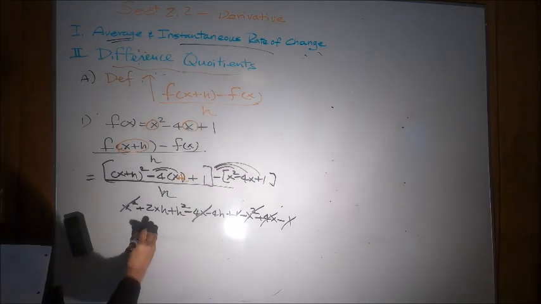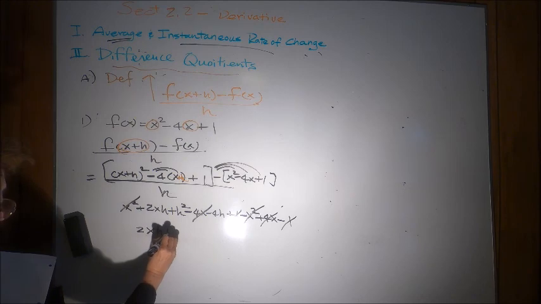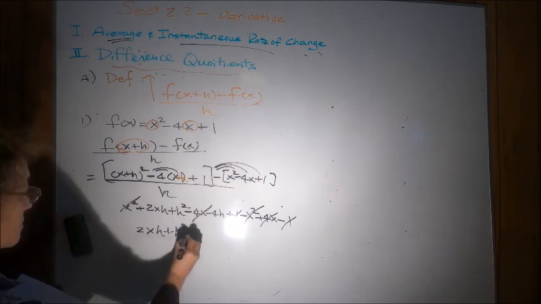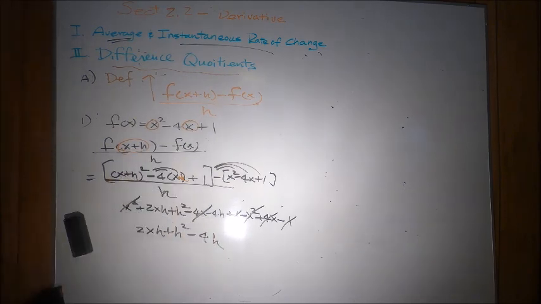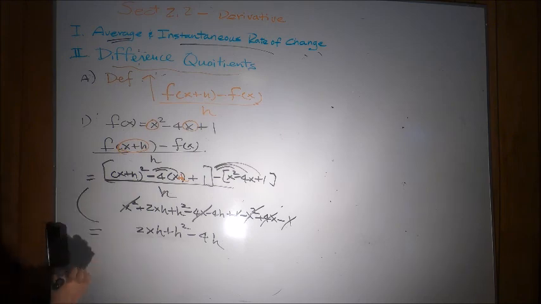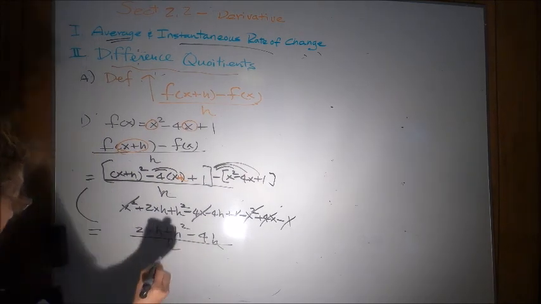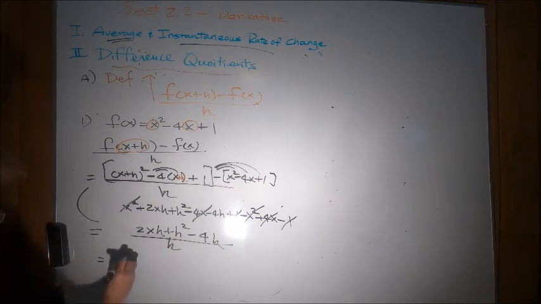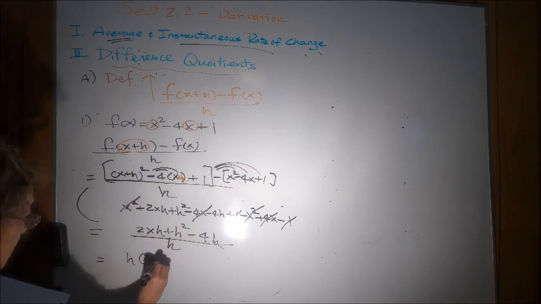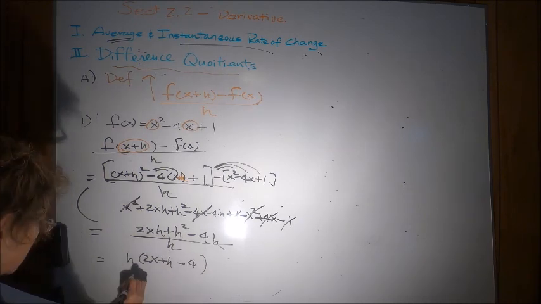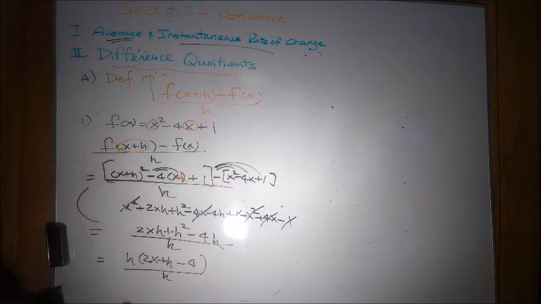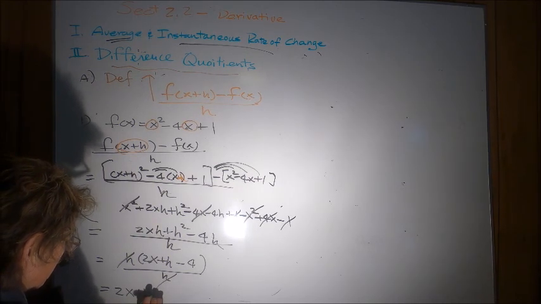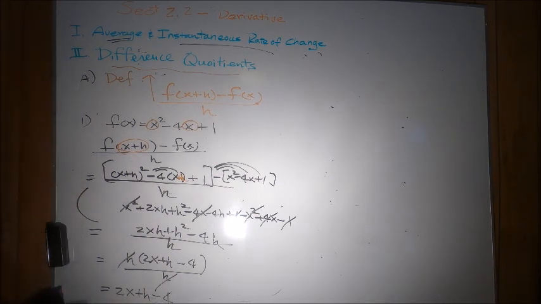I have 2xh plus h squared minus 4h for the top, divided by h. Then we simplify. How do we simplify? Factor the top to h times x plus h minus 4, then you have h on the bottom, so you cancel out your h. So that will be your difference quotient. That will be the answer for the difference quotient.